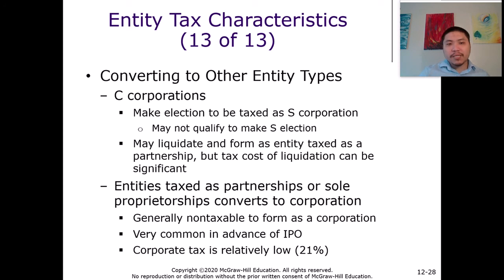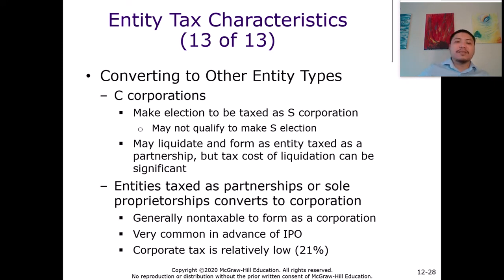The second method that they can do is to liquidate the C corporation and then form a new entity. The new entity can be a partnership or an S corp or LLC, whatever they want. But usually the second method is not that easy.